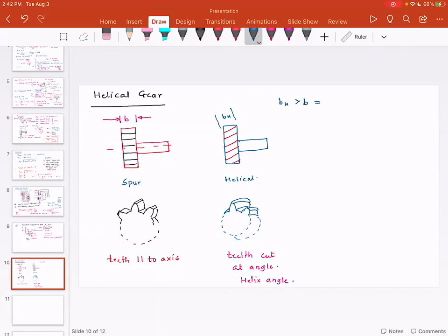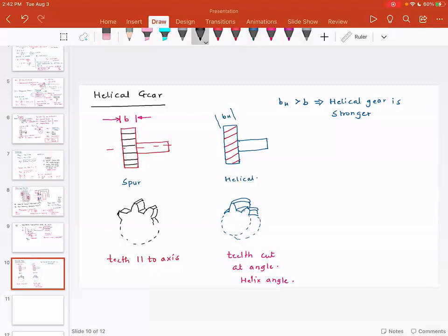It means the helical gear is stronger. For the same size spur gear and the same pitch circle diameter, the helical gear is going to be stronger. The reason is that since the teeth are cut at an angle, it has more face width available to withstand the load.